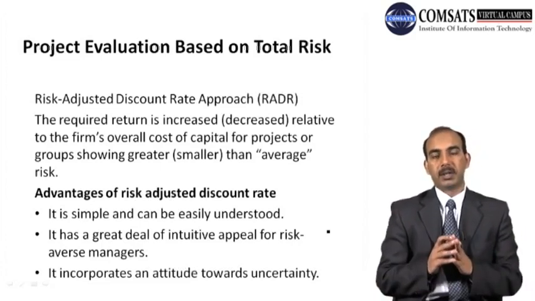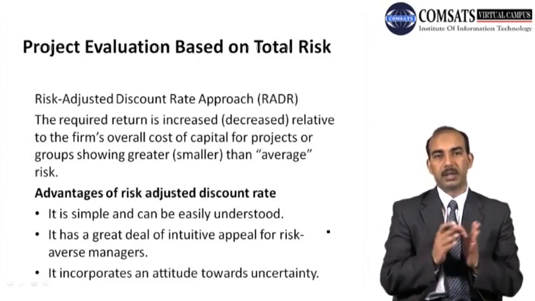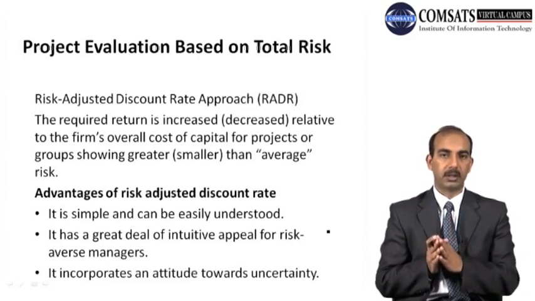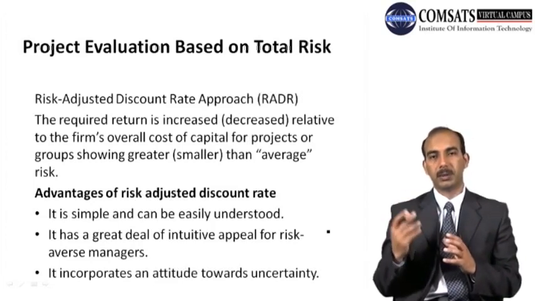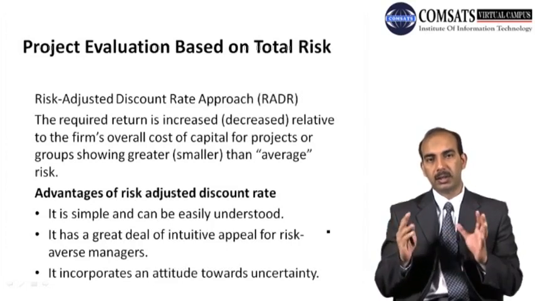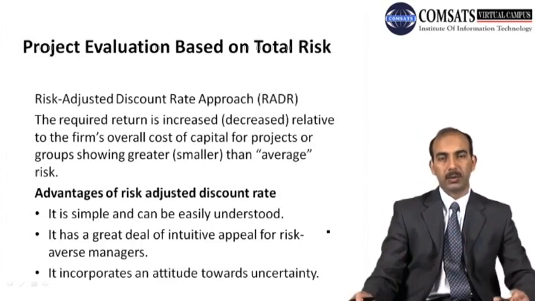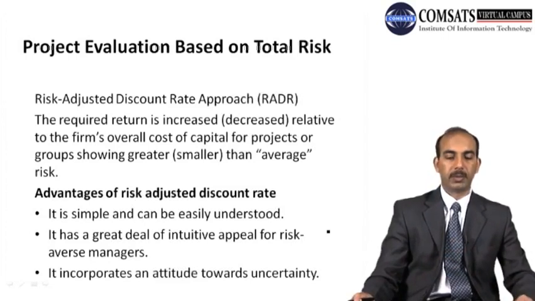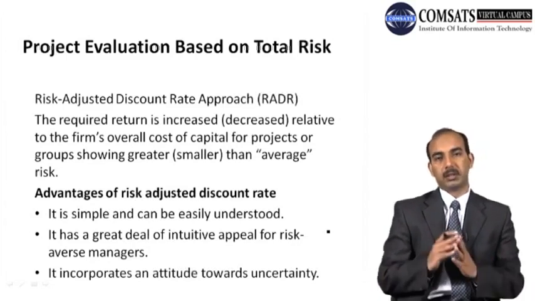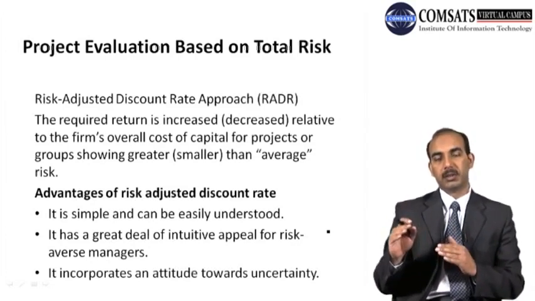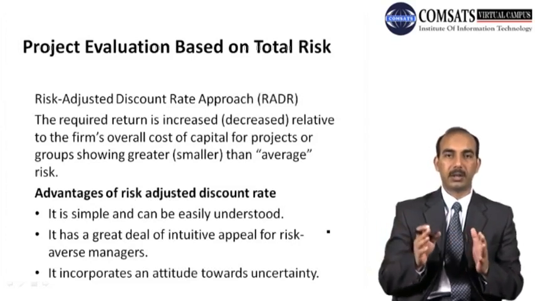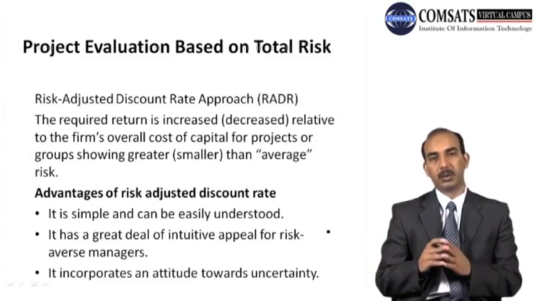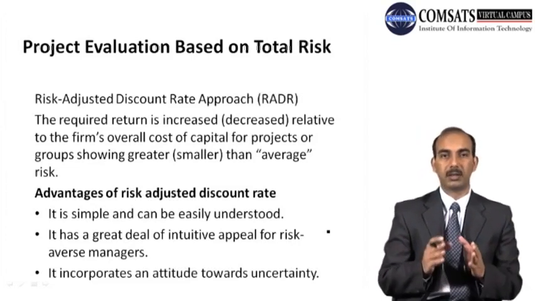Sometimes किसी भी project में apparently when we make our calculations we determine a different level of risk, लेकिन there is in your mind or based on the experience you use intuition कि इसके अंदर risk ज़्यादा हो सकता है, and we use here the risk adjusted discount rate approach, that is the required rate is increased or decreased relative to the firm's overall cost of capital for projects or groups showing greater or smaller than average risk. इसमें projects के साथ जो risk associated हैं, अगर that is perceived to be higher, उसमें required rate of return can be adjusted accordingly, and if the risk is lower, then again the required rate of return would be adjusted accordingly.